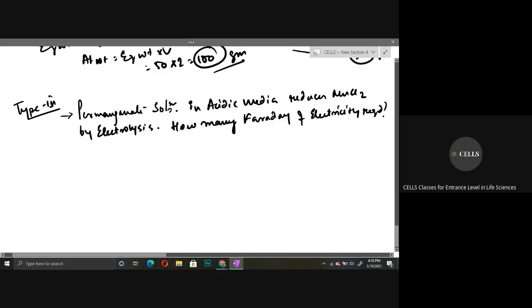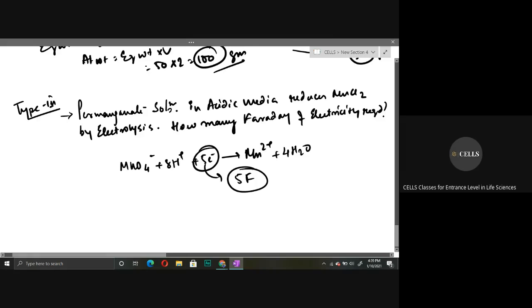In the question it is in acidic medium, so MnO4 minus is the permanganate solution. In the presence of H plus, you will get Mn2 plus. If you balance that, you will get 5 electrons, and 5 electrons means 5 Faraday.